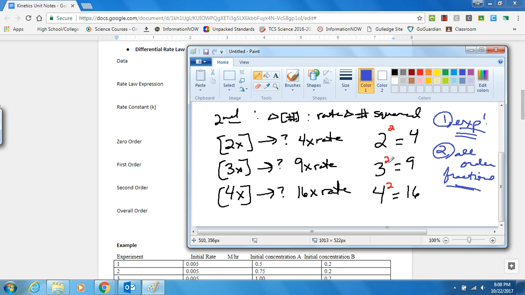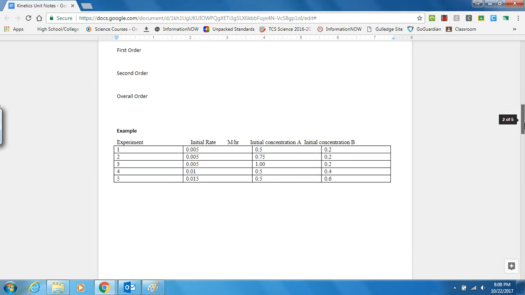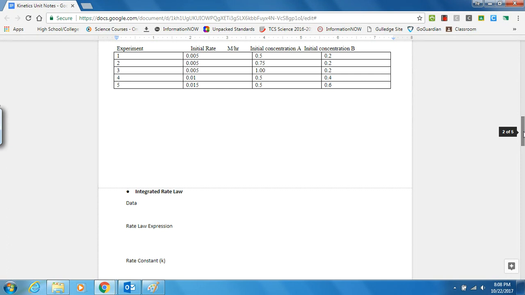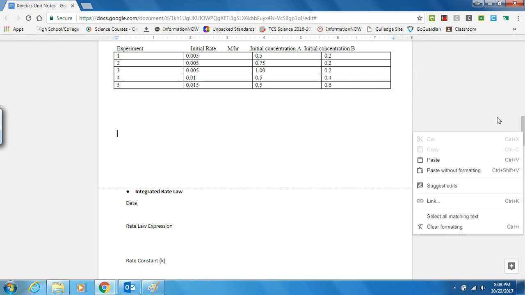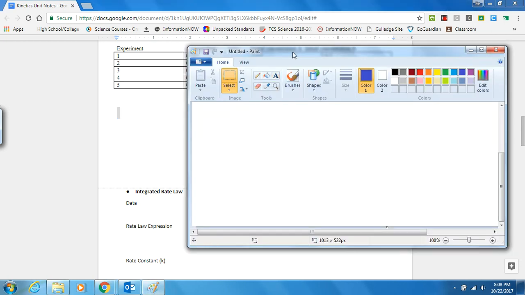Let me see if there's anything else I need to add before we move along. I think that's it. Okay, so now let's refer to this experiment. So I'm going to select all, delete again, and let's scroll down. So what we have in this example is a couple of different experiments. So like I said, whenever I'm figuring out rates of things, I have to figure it out experimentally.